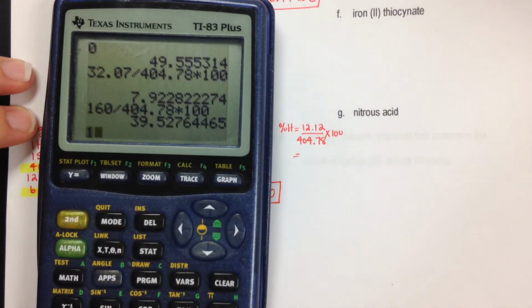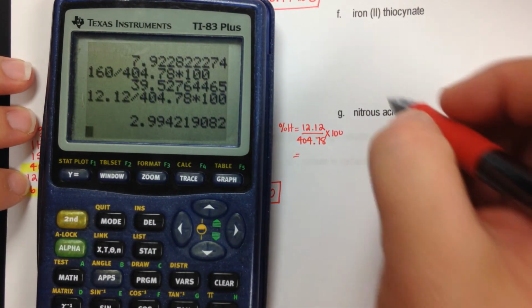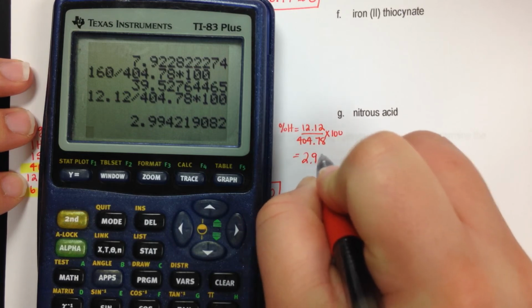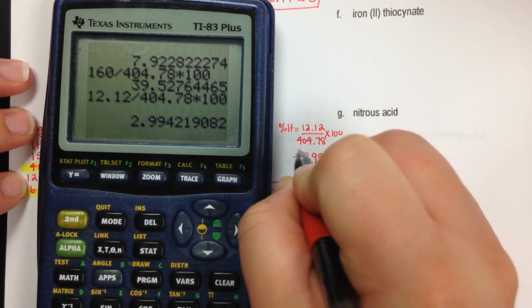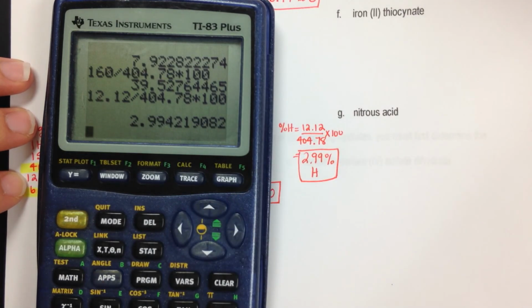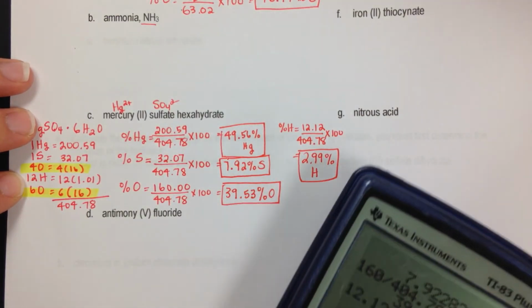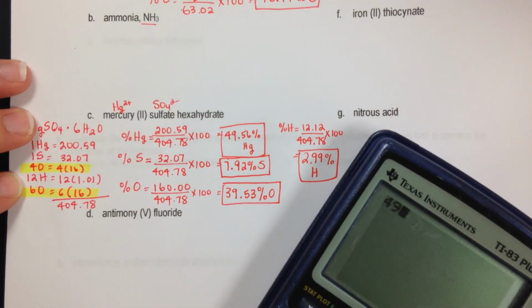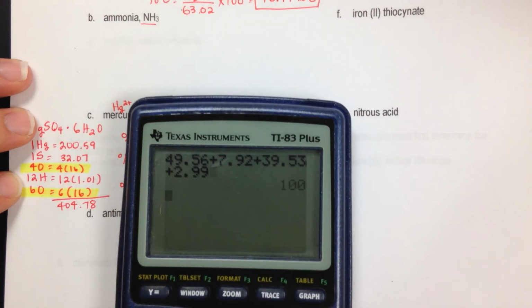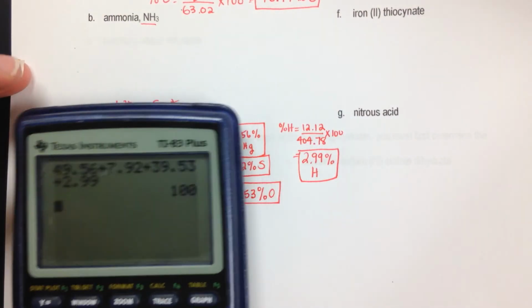And then last but not least, 12.12 divided by 404.78 times 100 gives me 2.99% hydrogen. As with any problem, I want to double check to make sure that my percentages add up to 100. So 49.56 plus 7.92 plus 39.53 plus 2.99. Magic number 100. I know that I'm good.